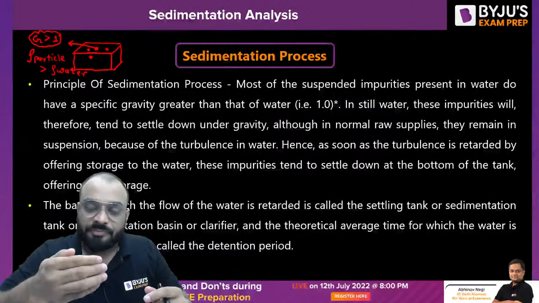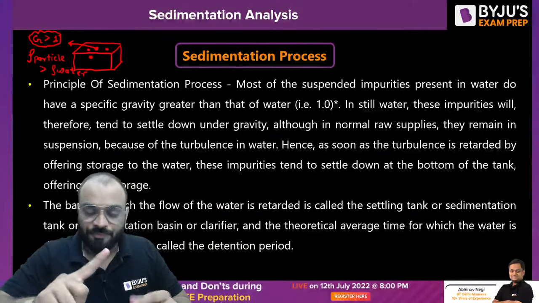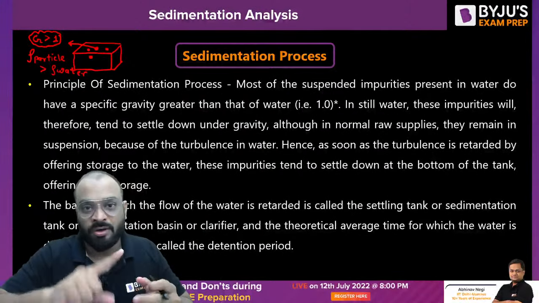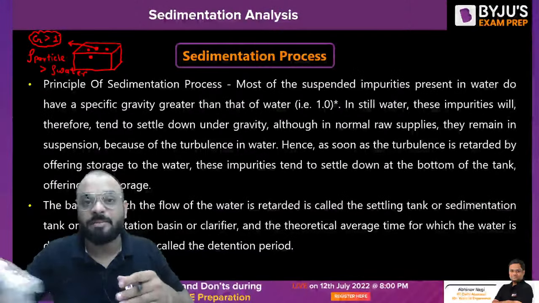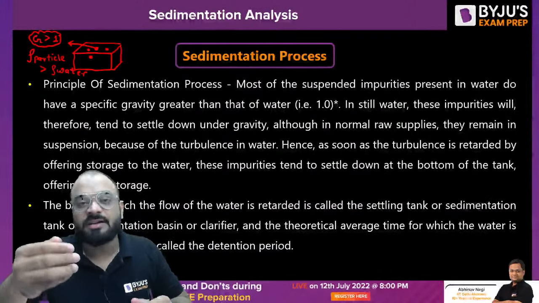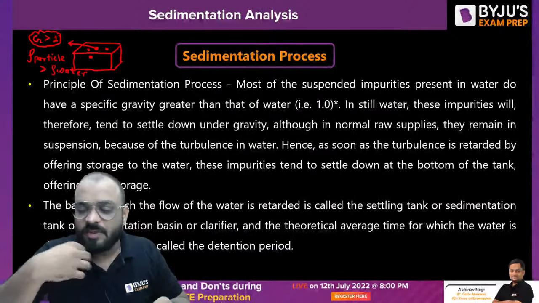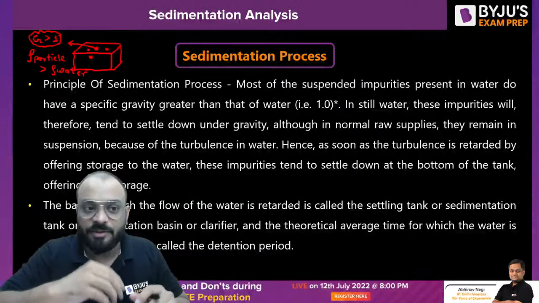Okay, we know that there are two types of matter which can be present in the water. One is organic matter and the second is inorganic matter. Now what are the sources of these types of matter? Inorganic matter is basically the silt and sand particles present in the soil, and they may come with the flooding of the water, in flooding conditions inside the river.